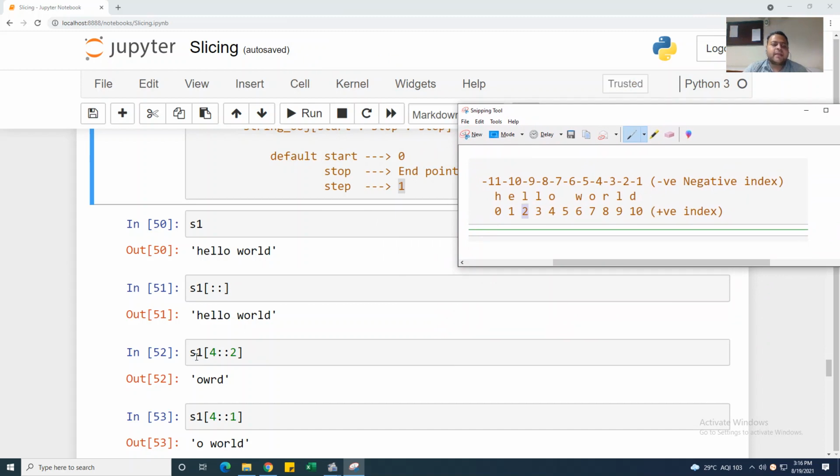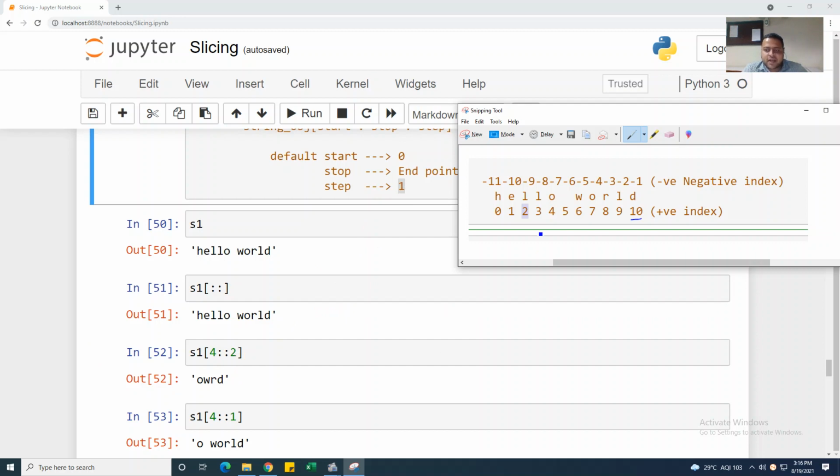Now, I am taking s1 of 4 colon, nothing inside, and colon 2. Here my starting point is 4. The stop point by default is the endpoint, which is 10. And my step is 2. Remember, by default it is 1, but here I am giving 2.